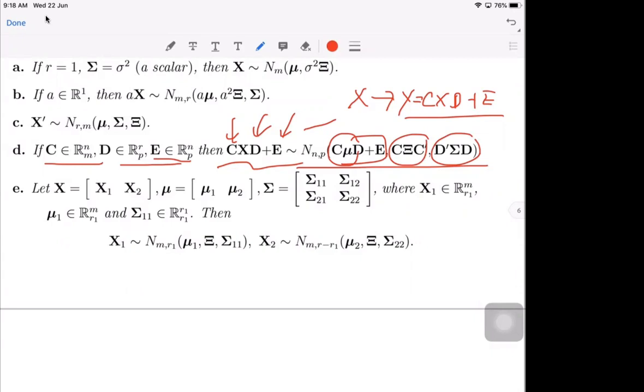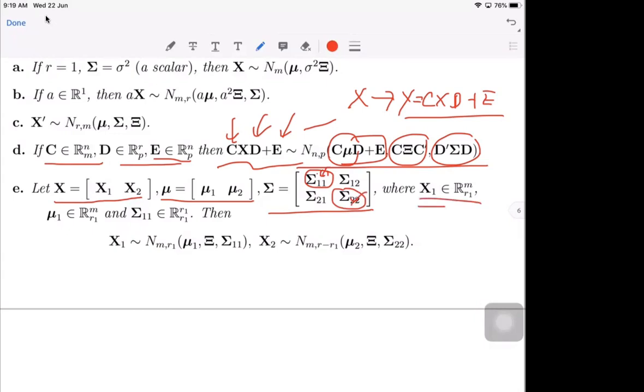And another result is, if partitioning your matrix X, mu, your sigma will be partitioned in this manner. This is talking about your variances. Still, this is just variances among 1, 1.